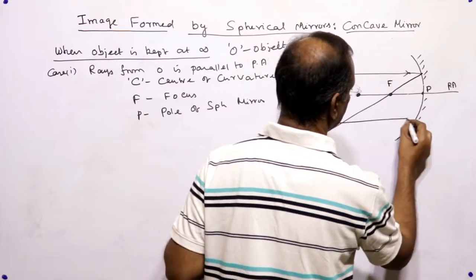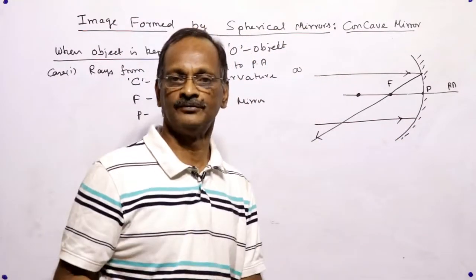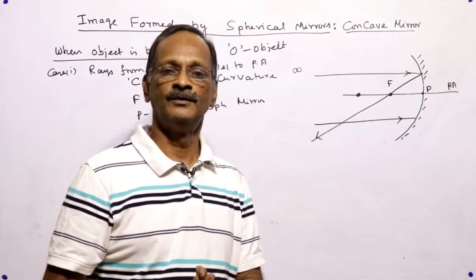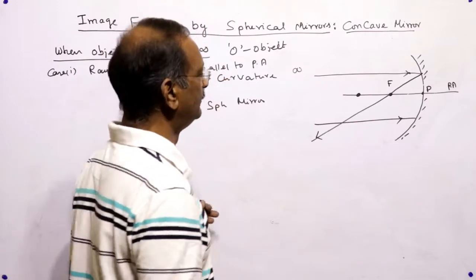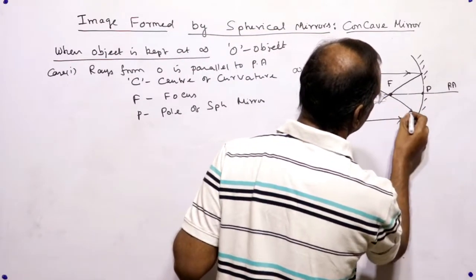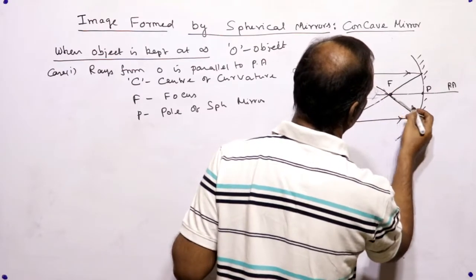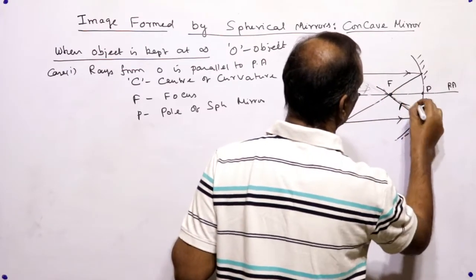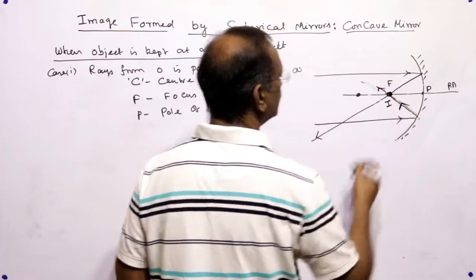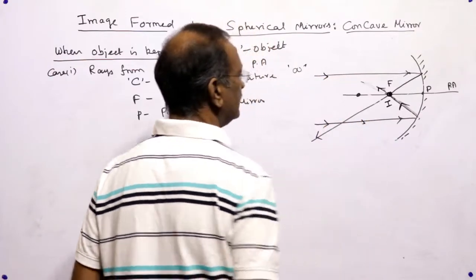Similarly, another ray comes parallel. 2 rays are sufficient, though we can take more than 2 rays, there is no problem. A ray parallel to the principal axis will always pass through the principal focus. So this ray will go like this, and here the image is formed.